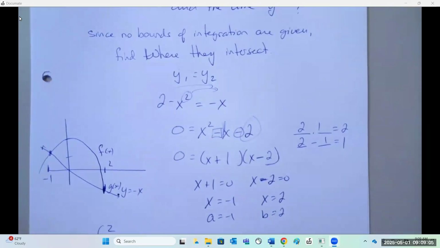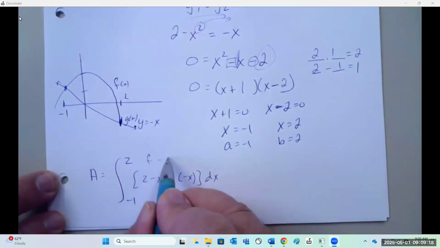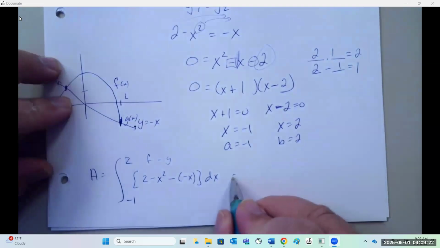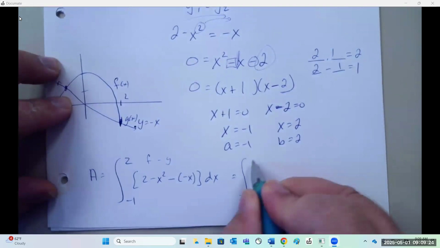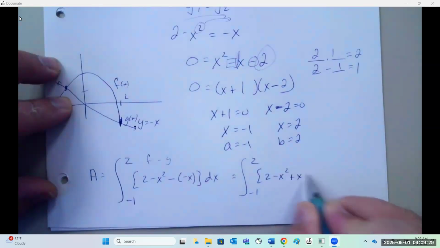So our function is 2 minus x squared minus negative x dx, because we have f of x minus g of x. So we have 2 minus x squared plus x.